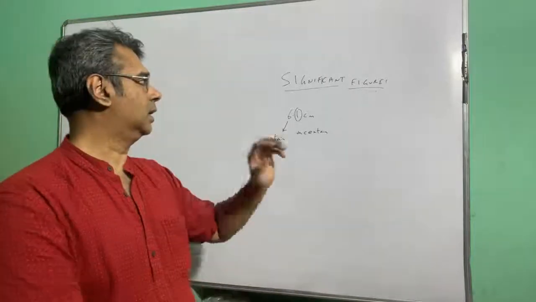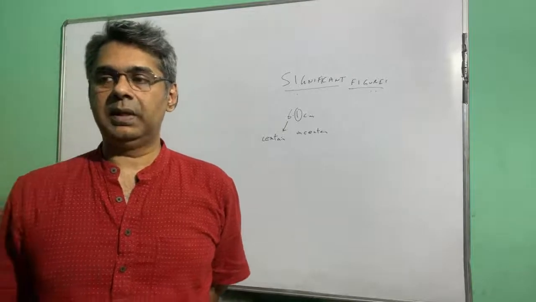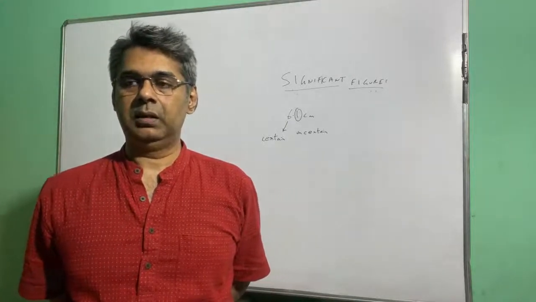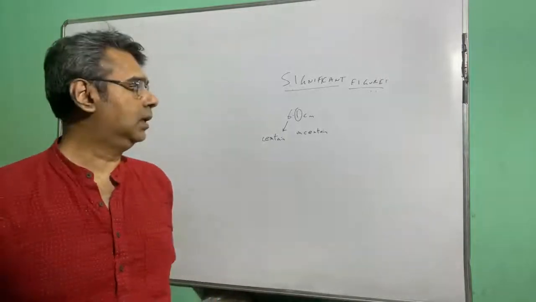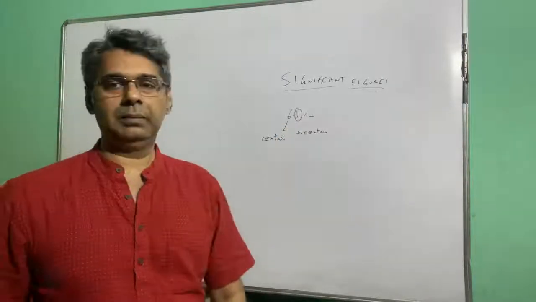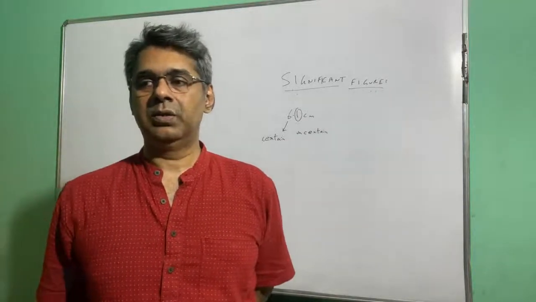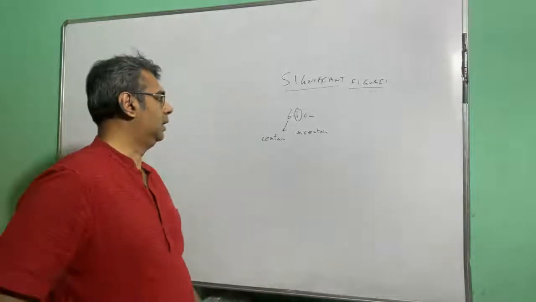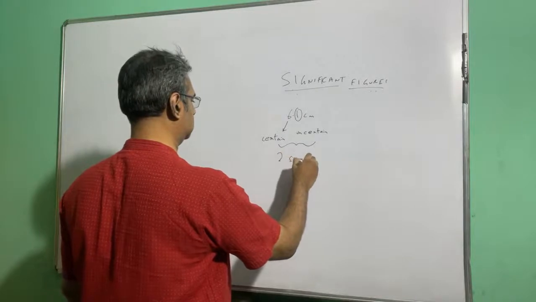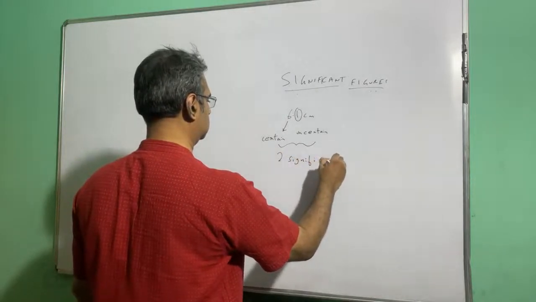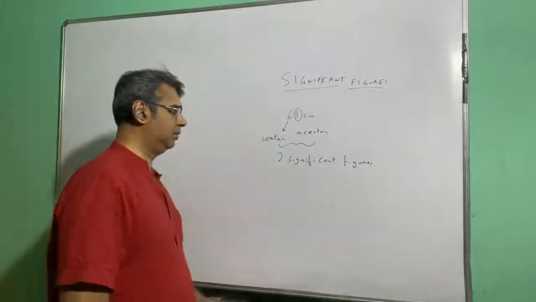So this significant figure topic is very relevant, because this topic is related to the measuring instrument which you are using. And in a geometry box scale, you cannot have a better measurement than the first place of decimal. You cannot have. So that is why we say that there are two significant figures.